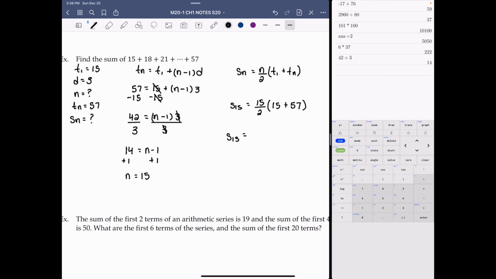S15 then equals 15 divided by 2 is 7.5 times 15 plus 57 is 72. 72 times 7.5 is 540. So S15, the sum of the first 15 terms of the sequence, is 540.